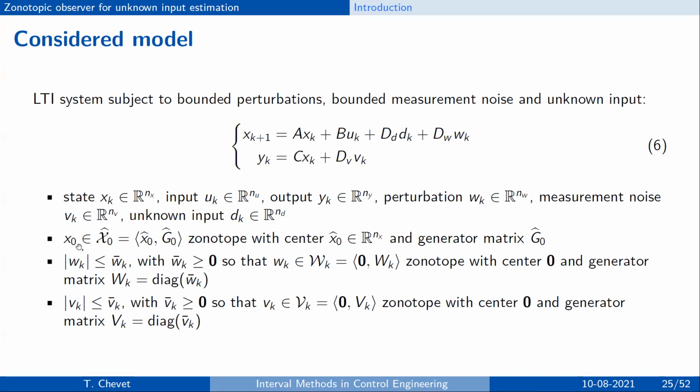We consider that the initial state vector is contained in a zonotope with this center and this generator matrix. The perturbation and measurement noise have their absolute value bounded by a positive vector, so we can say that they are contained in a zonotope centered on 0 here, with generator matrices obtained by taking diagonal matrices with diagonal elements the positive vectors that I just talked about.